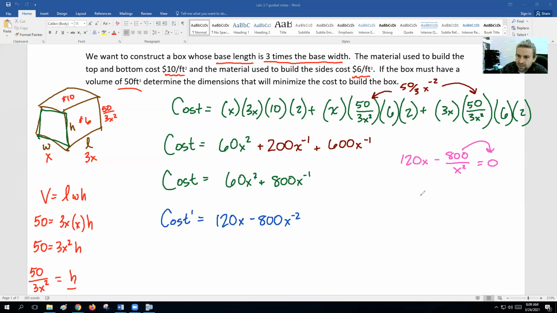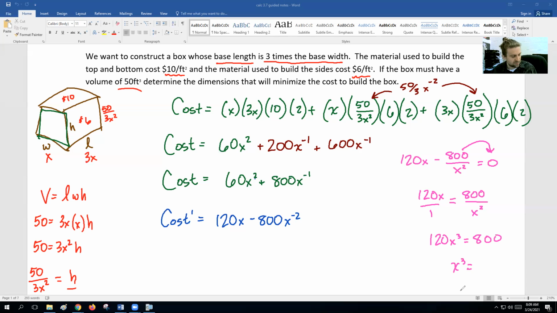Well, we can move this over here and say that's when 120x would equal 800 over x squared. And we can put this over 1 and we can cross multiply. So 120x times x squared is 120x cubed. When does that equal 1 times 800? 800.